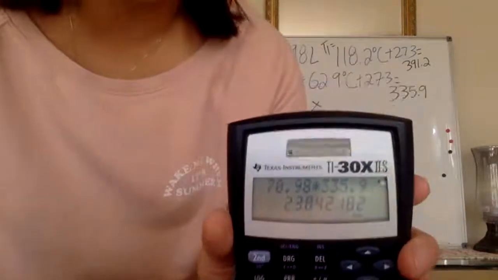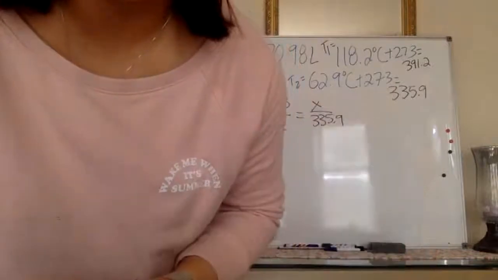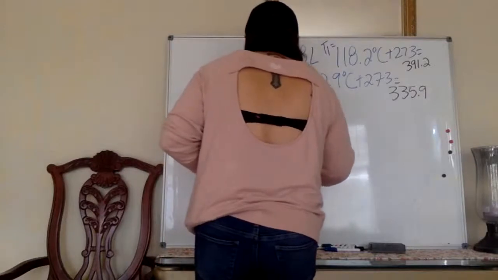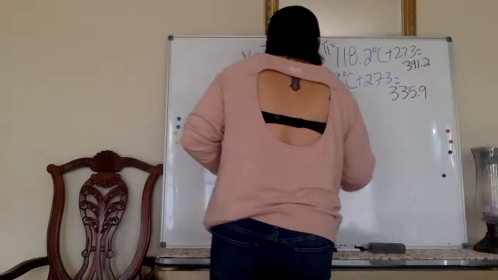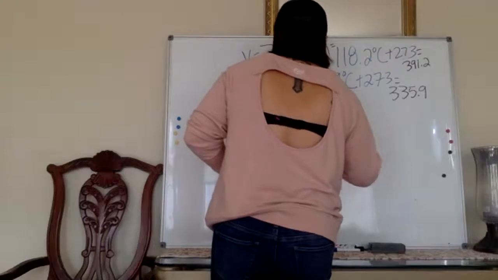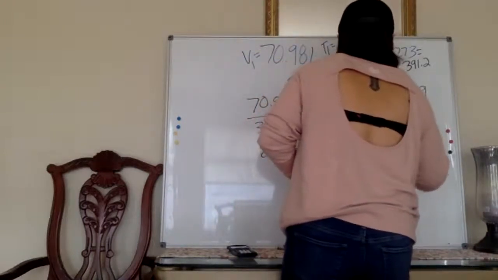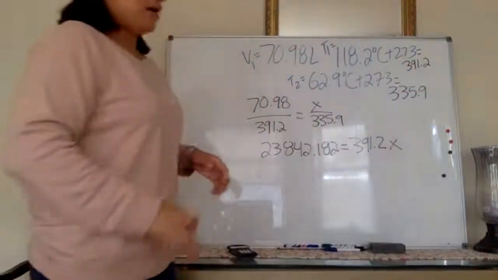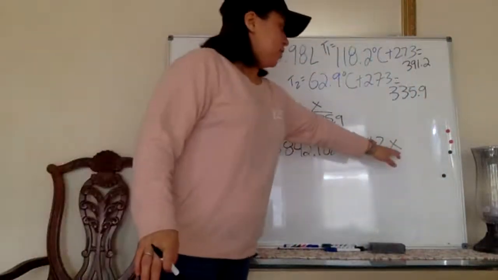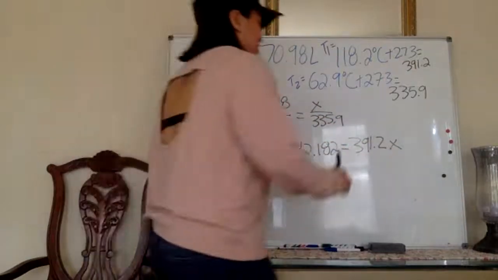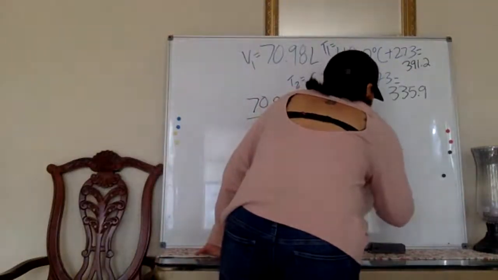You're going to write the whole number down. Don't round till the end. So that's 23,842.182, and that's equal to 391.2x. You want to leave x by itself, so you're going to divide both sides by 391.2.